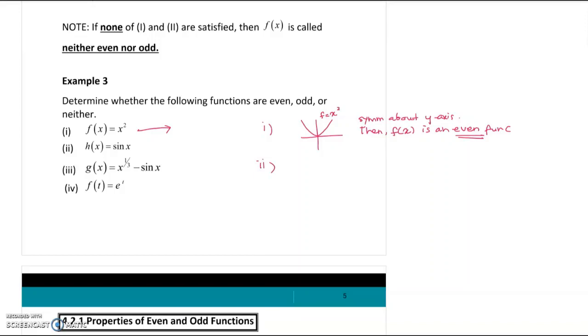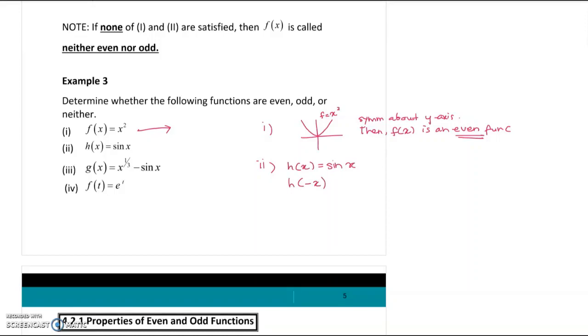Number 2, h(x) equals sine x. This one you can sketch as well, but let's say you do not know how to sketch the graph of sine x. So for this one we'll try to use the rule. We have h(x) equals sine x, and we want to see for negative x.